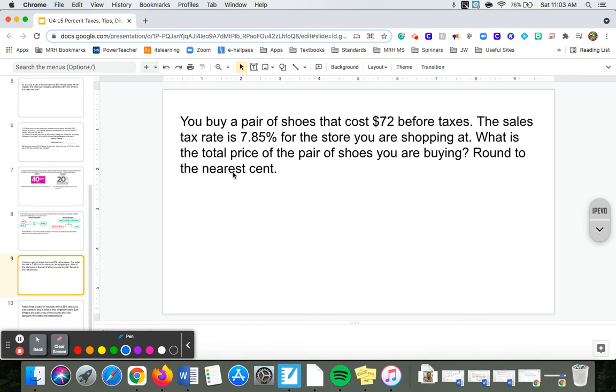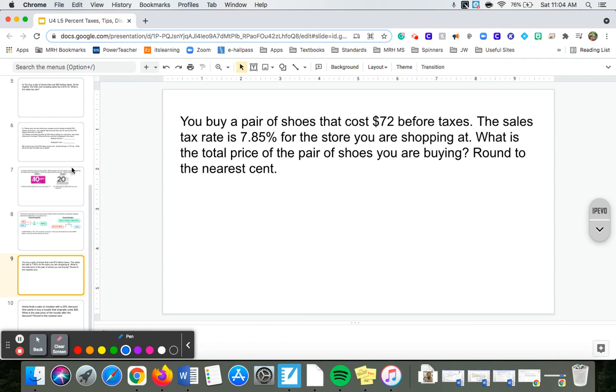So when you are taxed at the store and you go buy something, that tax that you pay on whatever you're buying is based on a tax rate, based on a percentage. And each kind of community, each area has different sales tax rates that they may be charging for your purchasing of goods in those areas. So again, it's not just a number that people are coming up with random. It's a percentage of the price of the item you're buying. So the more expensive item that you're buying, the higher the taxes will be on it.